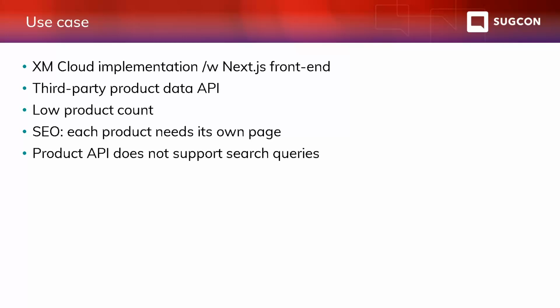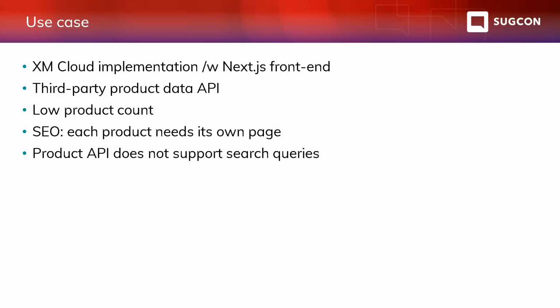So I can only retrieve a product based on its ID, but I can't do a search query. So now I'm kind of stuck because I want to be able to search in my front end, and I also need to push my data into Sitecore. So this is one of the scenarios where we actually decided to push all the content from the product API into Sitecore, at least to create a sort of representing items.